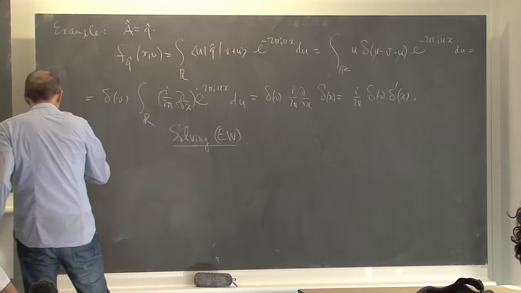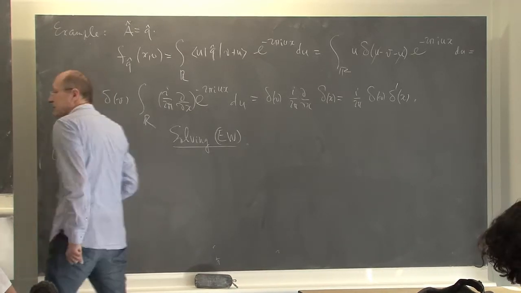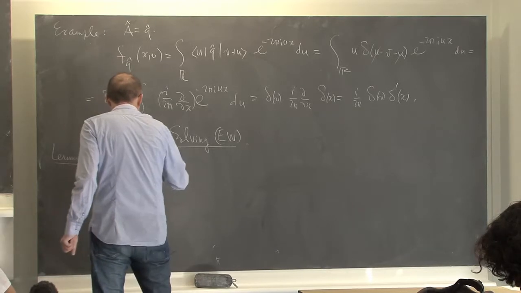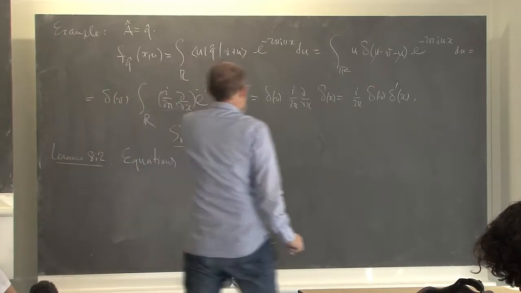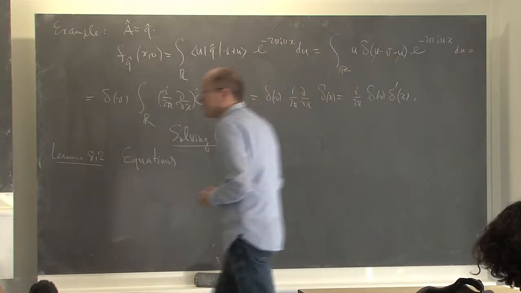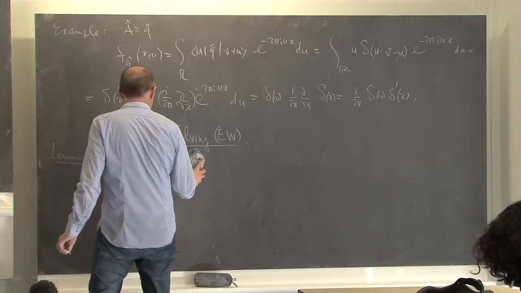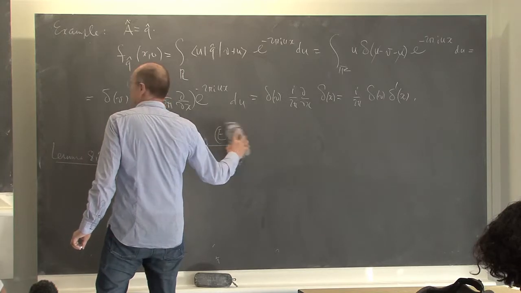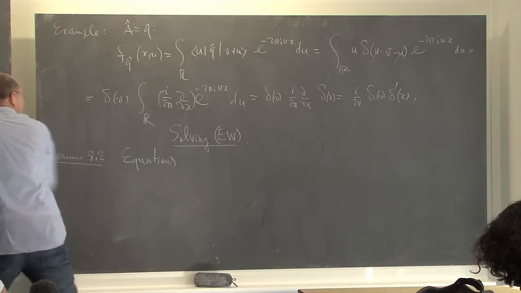Let me put it as lemma 8.2, which tells that the equations... okay, maybe I should, I promised to explain why considering 4 equations is enough, right? Let me put this as a remark here.